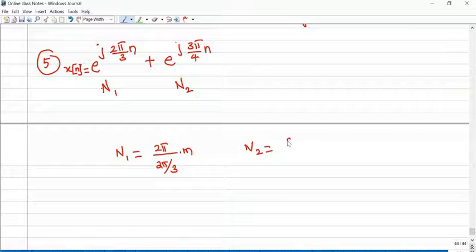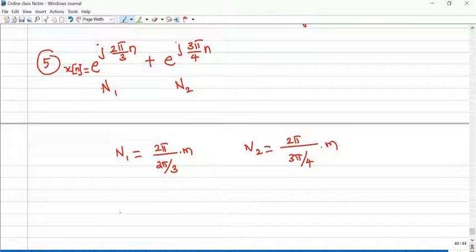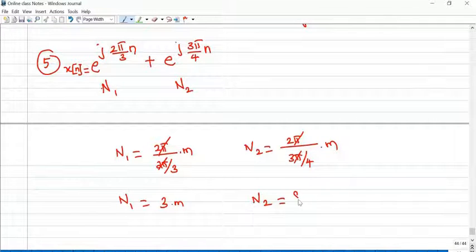N2 equals 2 pi divided by 3 pi by 4 times m. What is N1? 2 pi will be cancelled. You will get 3 m. What is N2? The pi term cancels. 4 into 2, 8 by 3 m.